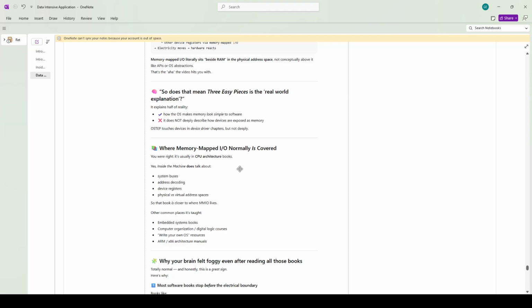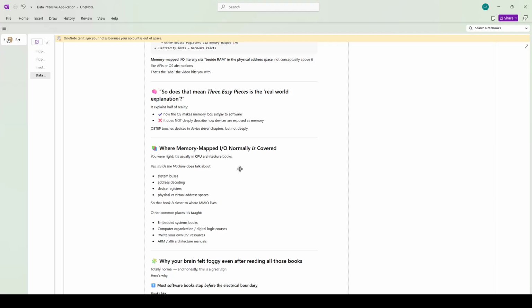It does not deeply describe how devices are exposed as memory. It doesn't explain the drivers, of course, there are details on that. It doesn't explain the electricity, of course, because that's another abstraction, but a lot of it is actually from the OS.